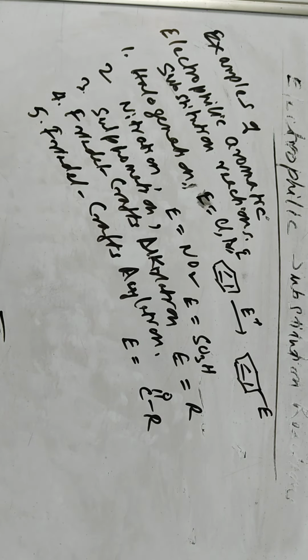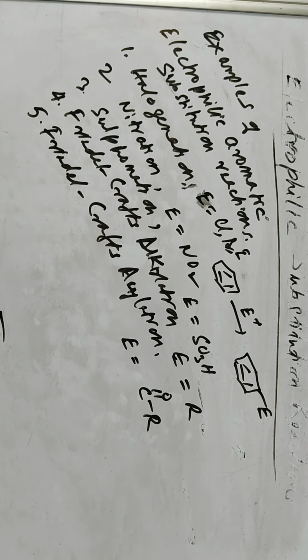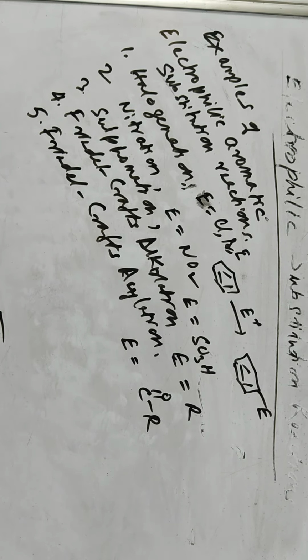In some cases there may also be uncharged electron-deficient species like BF3. Both aliphatic and aromatic compounds can undergo electrophilic substitution, but it is mostly found in the reactions of aromatic compounds.